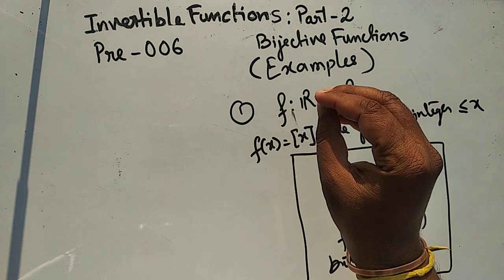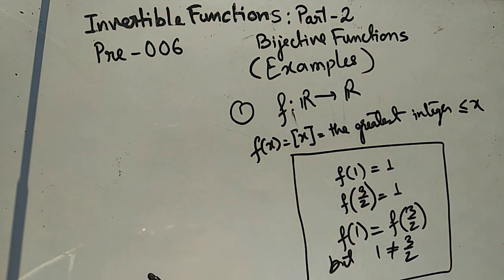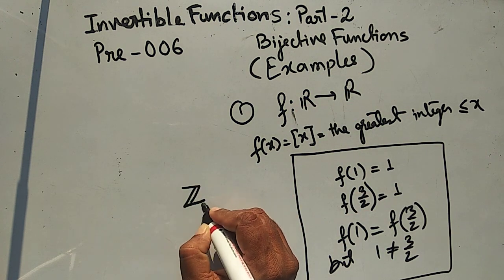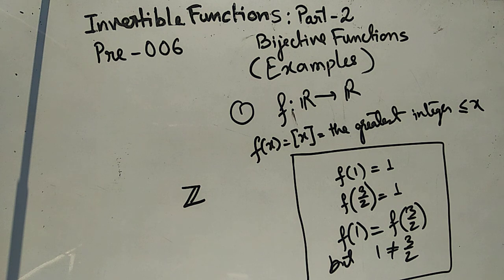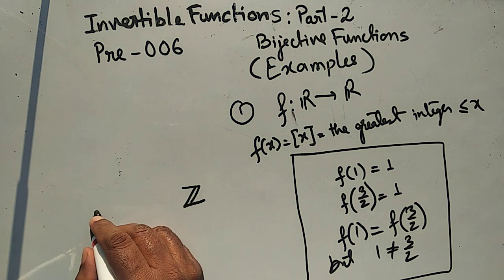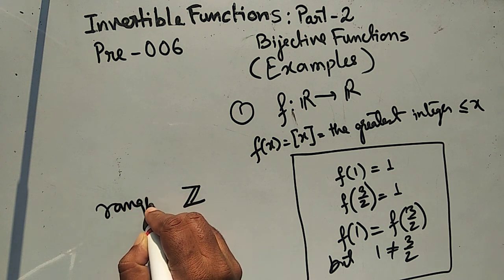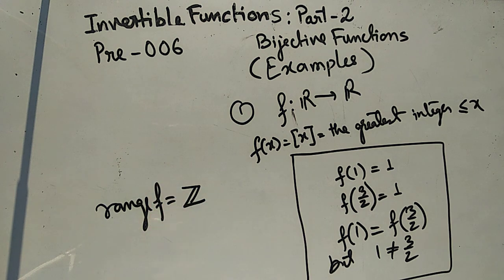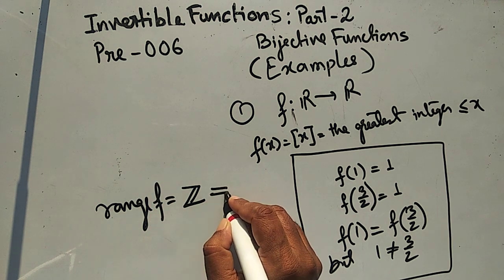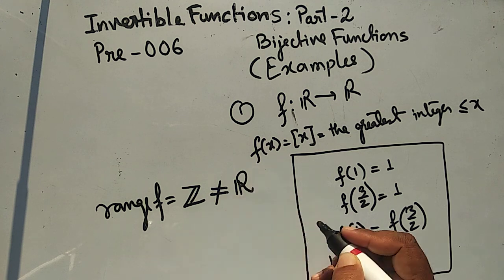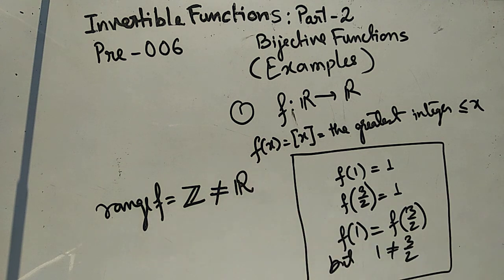Whatever x you put from R, the result is a member of Z. So its range is nothing but Z, which is clearly not equal to R. Therefore f is not onto, not one-one, not onto, so it's not bijective.